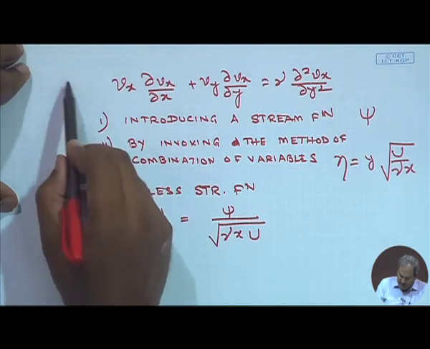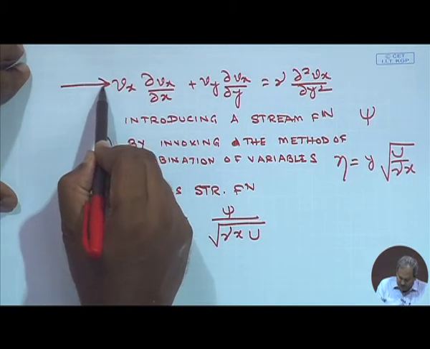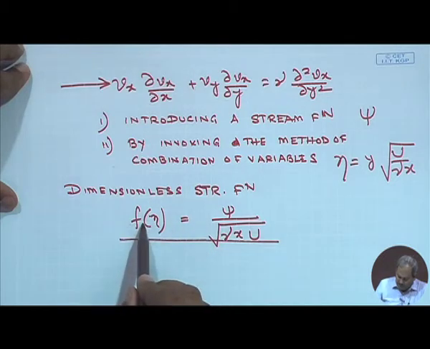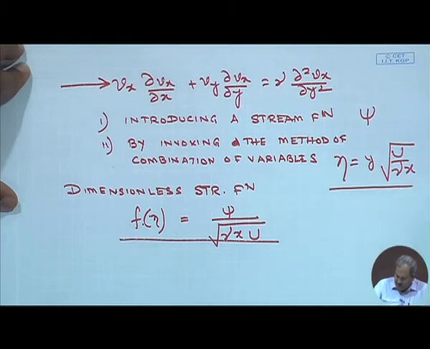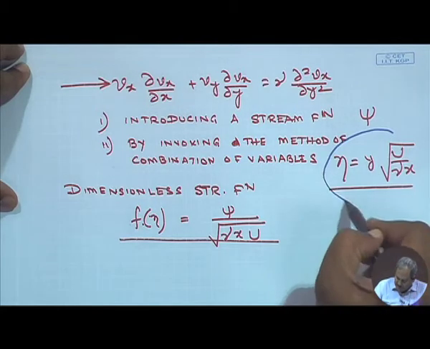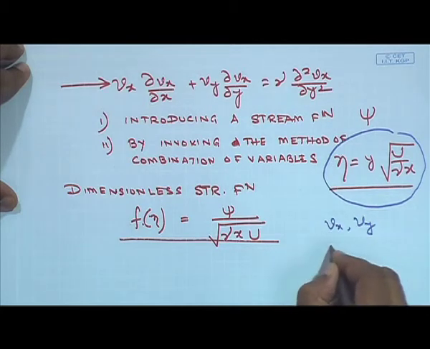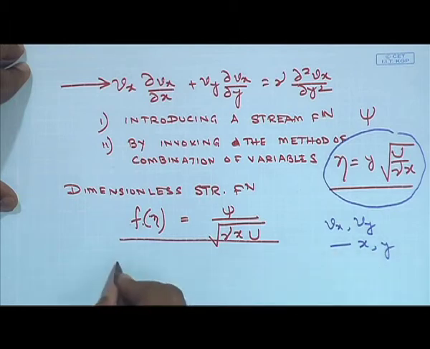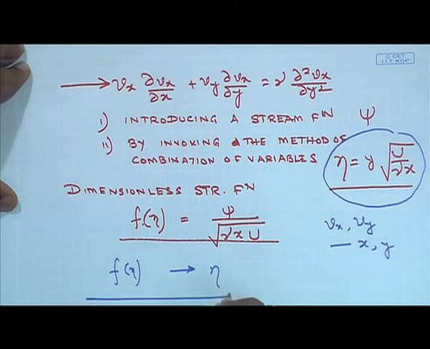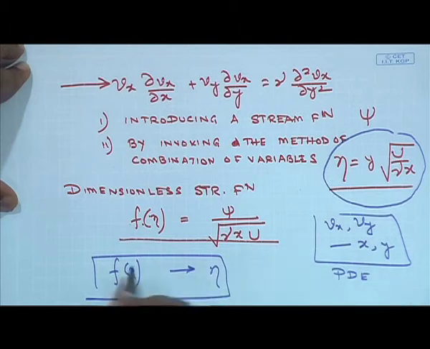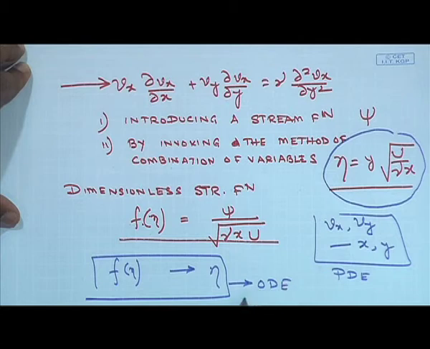So, next what remains is to convert the governing equation in terms of the stream function and the new independent variable eta. So, instead of Vx, Vy as functions of x and y, I need to have f of eta as a function only of eta. If I can do that, this would give rise to a PDE, but since f of eta is a function only of eta, this will give rise to an ODE.